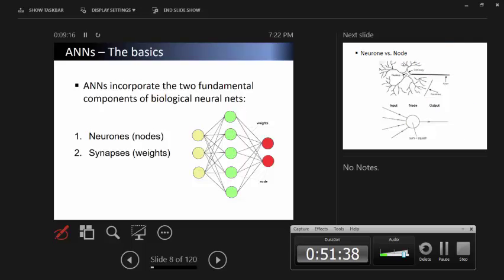ANN means artificial neural network. Artificial neural networks incorporate the two fundamental components of biological neural nets. It has two components, neurons and synapses. Neurons can be represented as nodes. Look at this.